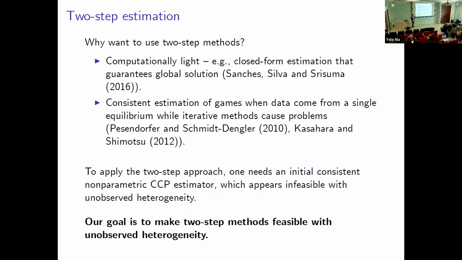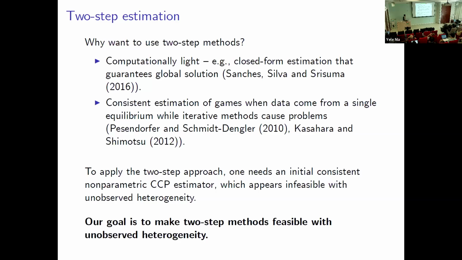Also, in terms of estimation of games, when you iterate, sometimes the iteration can lead you off to an equilibrium which didn't generate the data, so that can cause issues in games. So there is reason to think about whether we can extend the two-step approach to handle unobserved heterogeneity generally.